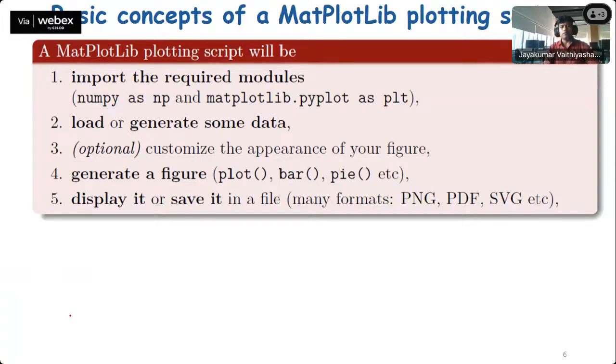Okay, the fourth step is you need to generate the figure. You need to plot what you processed or what you want to visualize. Three ways, actually. You can visualize your input data, or you can visualize how processing happened.